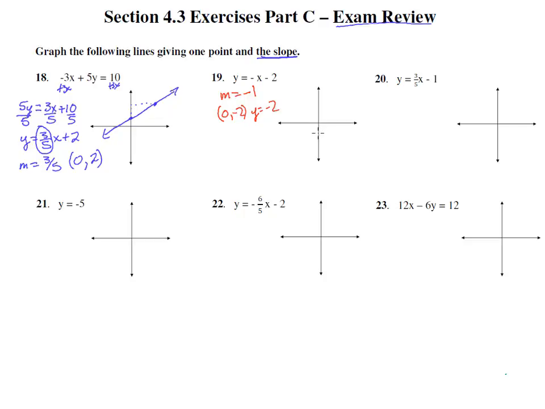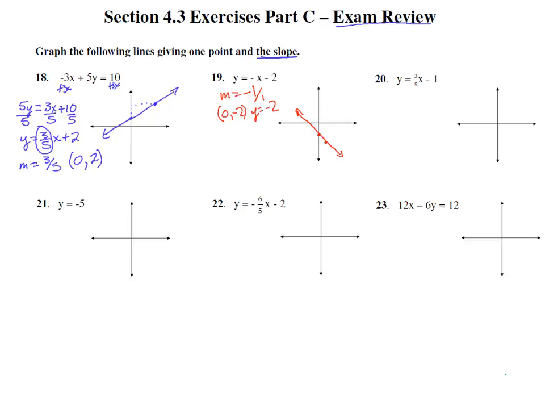So we're starting off at 0, negative 2 right down there. And then the slope is negative 1, or negative 1 over 1, which is down 1 over 1. And yeah, this is a negative slope. It's heading down to the right. This was a positive slope of 3/5 headed up to the right.